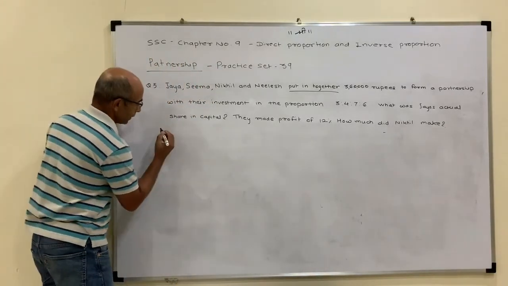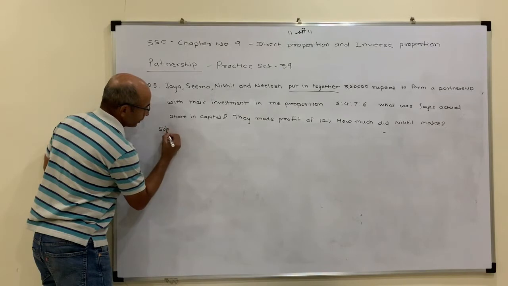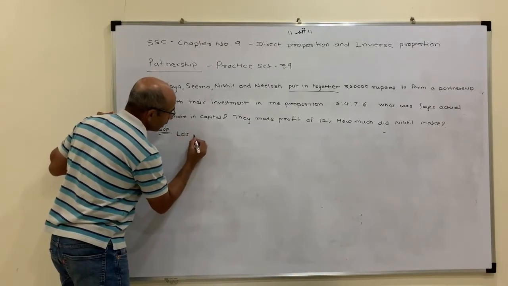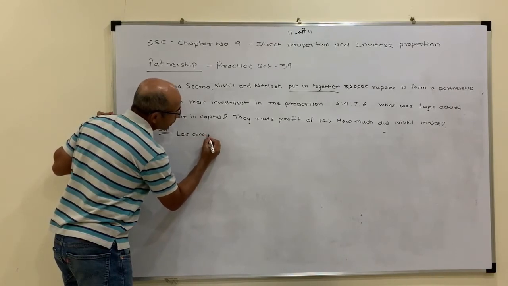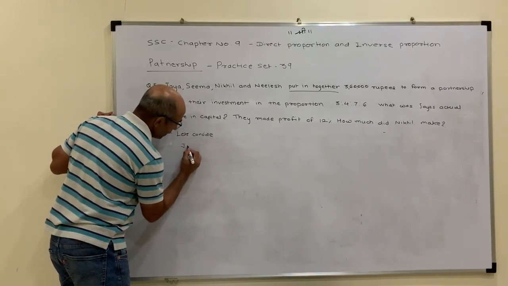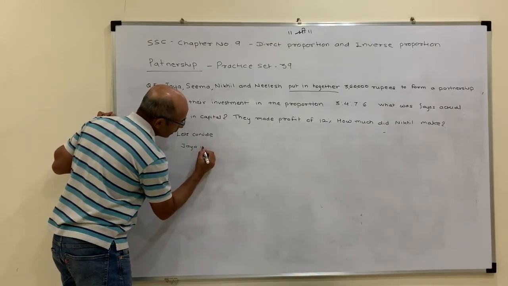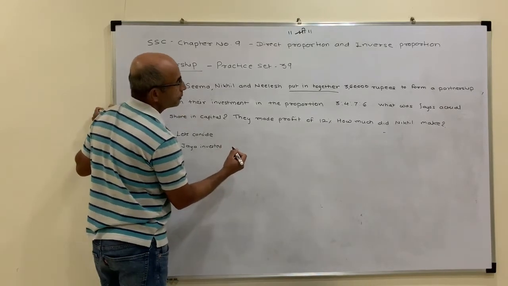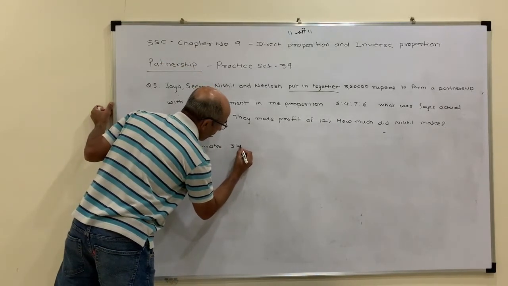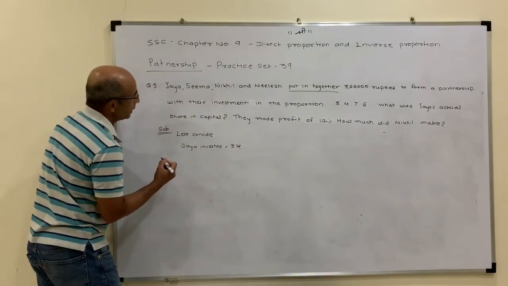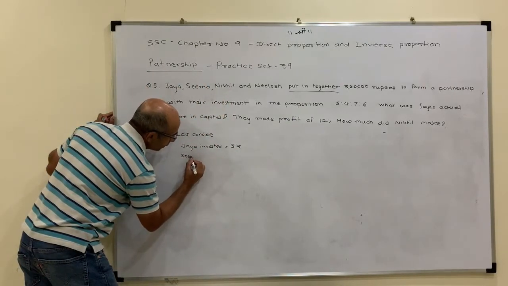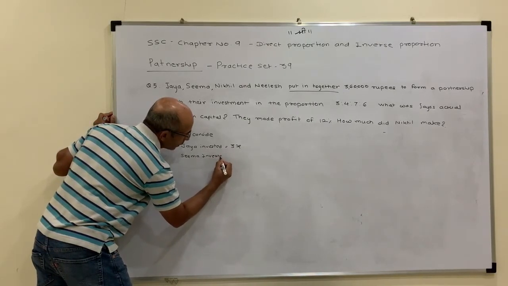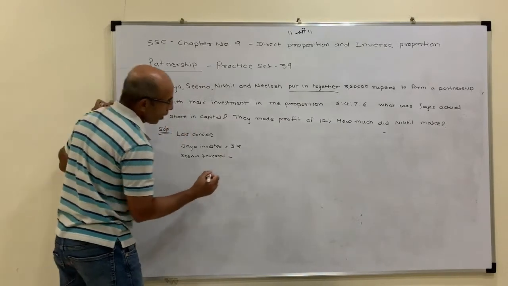So let's start. So solution. Let's consider Jaya invested 3x. Then Seema invested equals 4x.